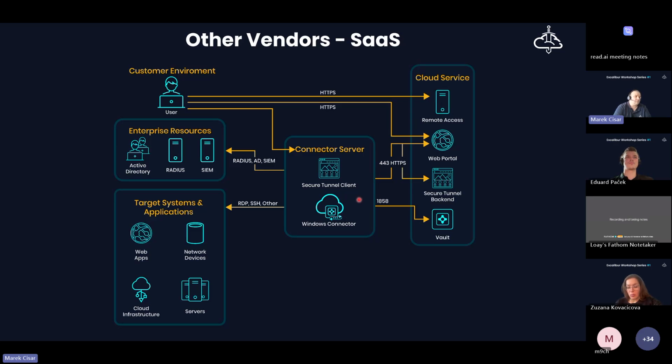Then you need to configure them, install them, maintain them, keep them updated, and so on. And then there is the cloud infrastructure, which is maintained by the vendor itself. But still, you buy the service, but you still need to take care of the locally deployed components.